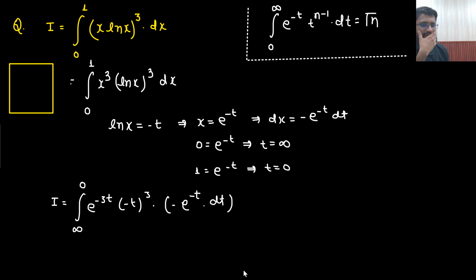Right? Is that clear? Everything is crystal clear, right? So this minus and this minus, so eventually we are getting the integral from infinity to 0 of e to the power minus 4t, t to the power 3 dt.